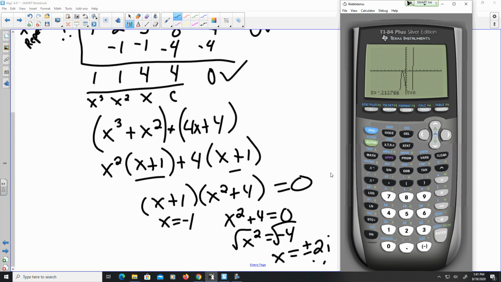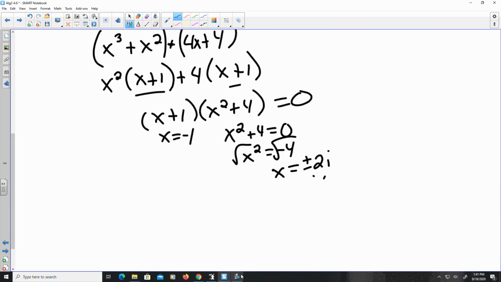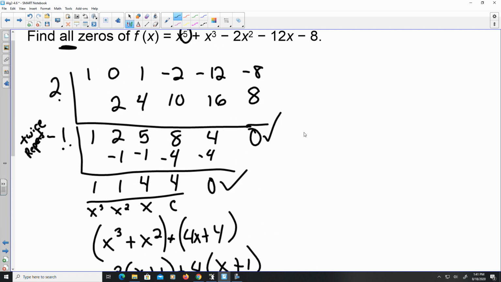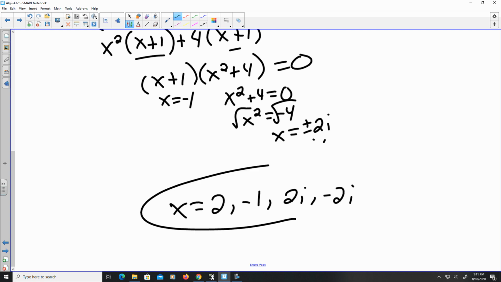So all real solutions are going to be positive 2. So x would equal positive 2, negative 1, positive 2i and negative 2i, knowing that if you wanted to write negative 1 in twice, that's fine, but know that that is a repeated solution.